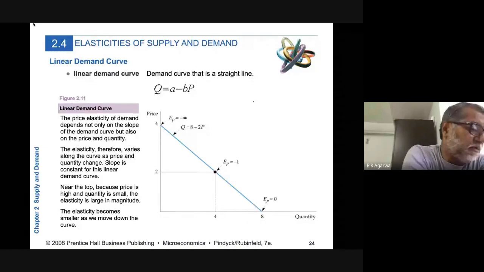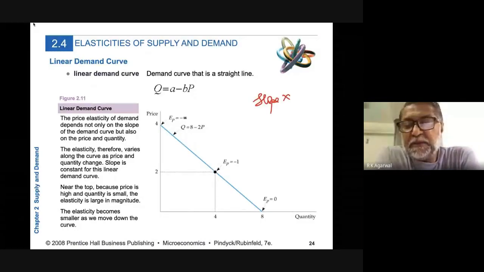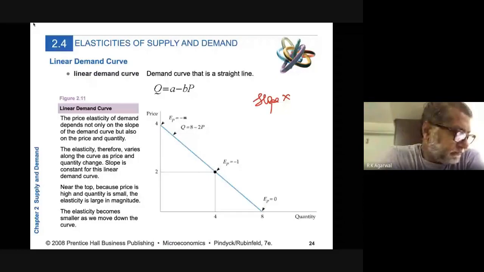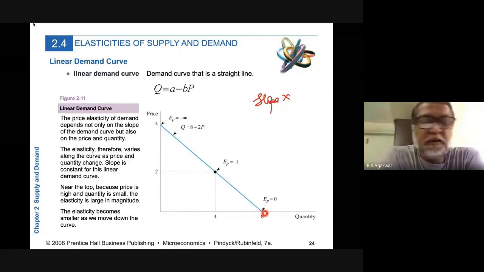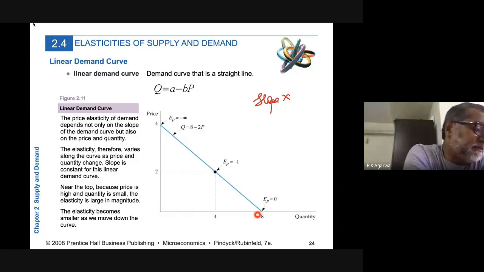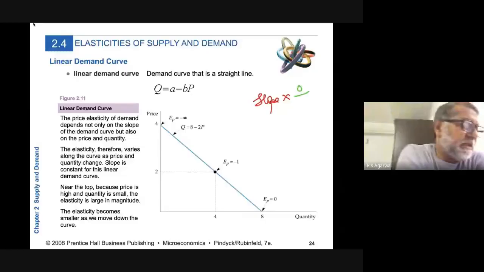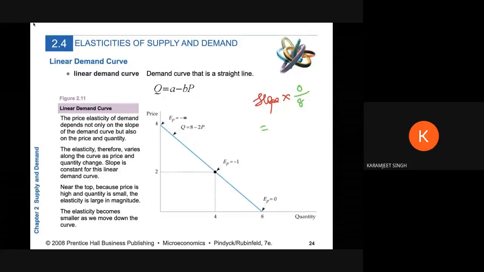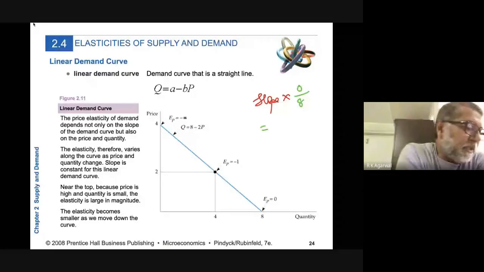At this point, what is the price? 0. Price is 0 divided by the quantity, which is 8. So what is the value of slope into 0 by 8? 0.